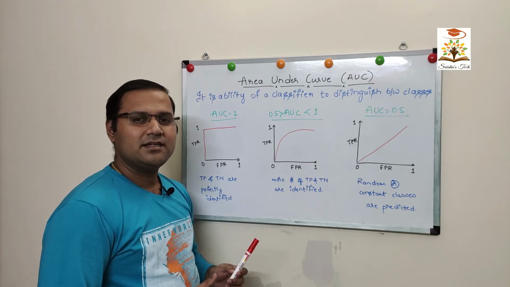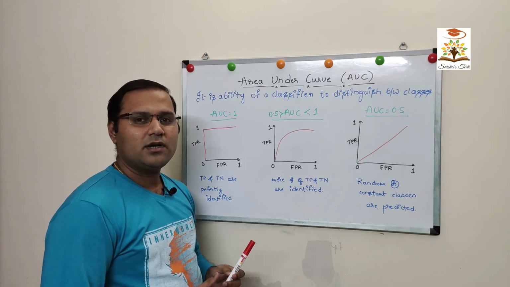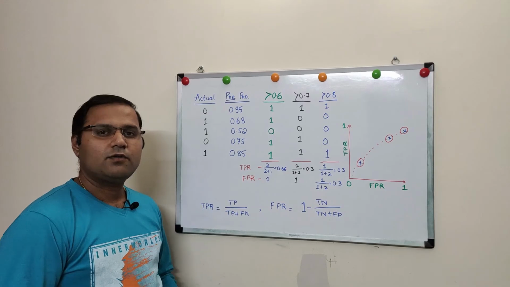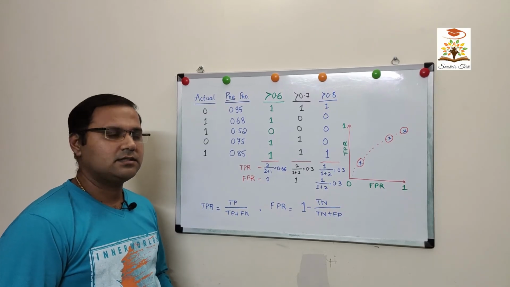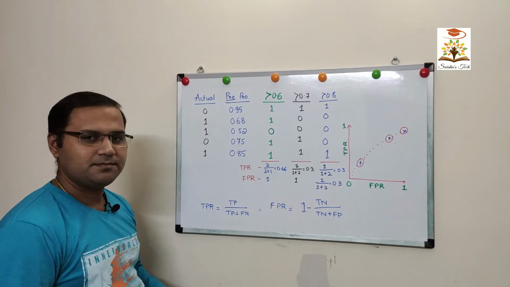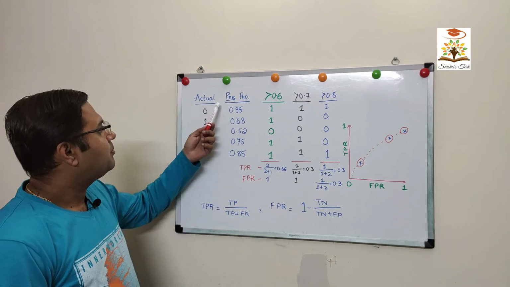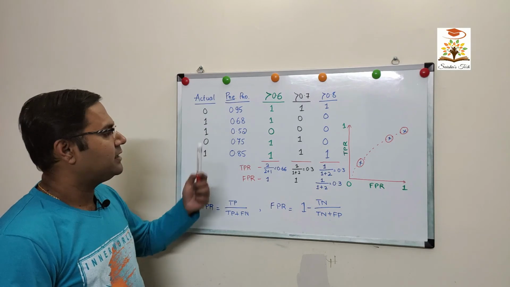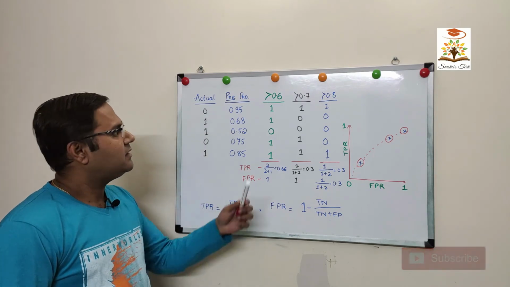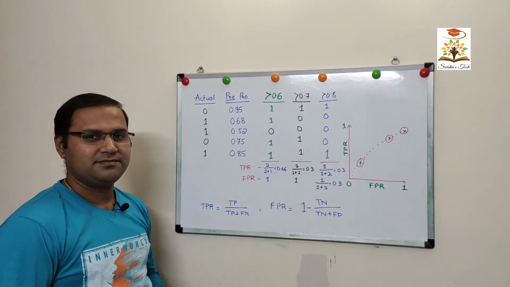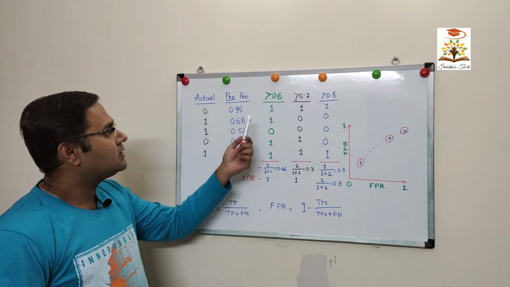Now let us understand an example of how to plot an ROC curve. For demonstration of an example, we have considered 5 actual values with 2 levels 0 and 1, 5 predicted probabilities which range from 0.52 to 0.95, and 3 thresholds 0.6, 0.7 and 0.8. What does 0.6 mean?